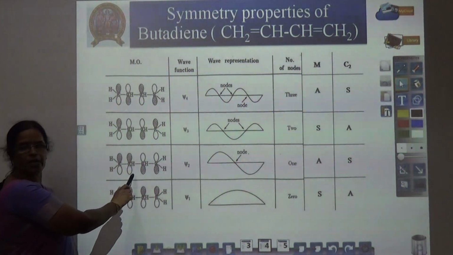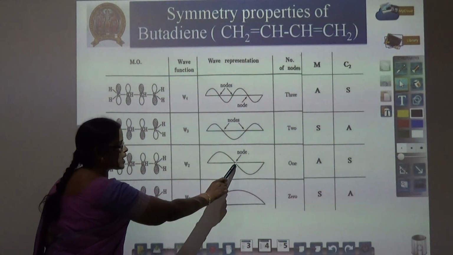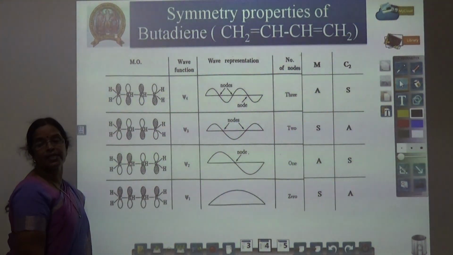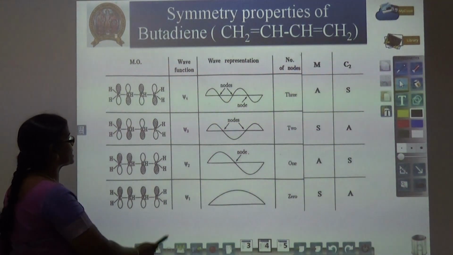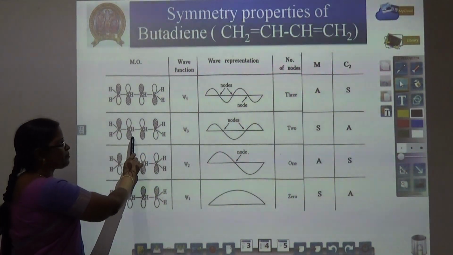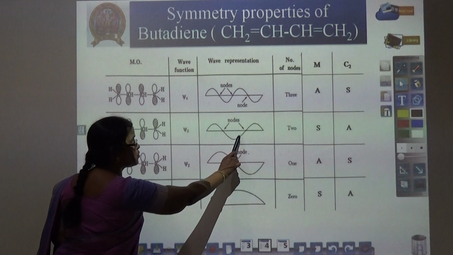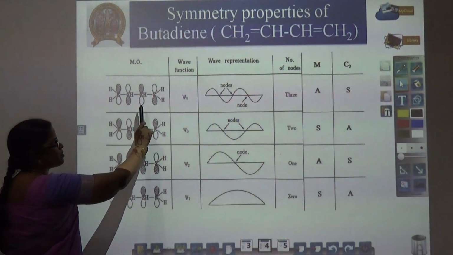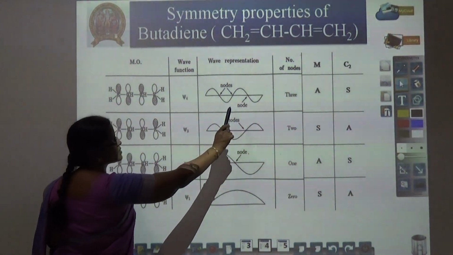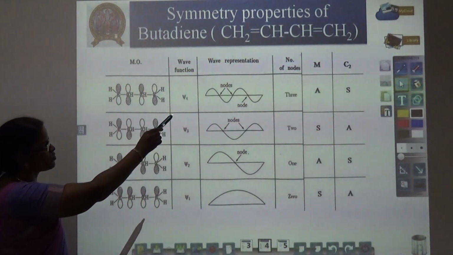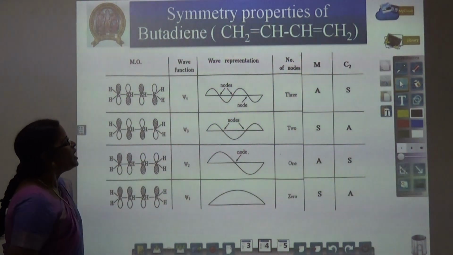This pi molecular orbital has one nodal plane, and a nodal plane is the region where electron density is 0. The Psi3 molecular orbital has 2 nodes, and Psi4 has 3 nodes. So the number of nodes are given.